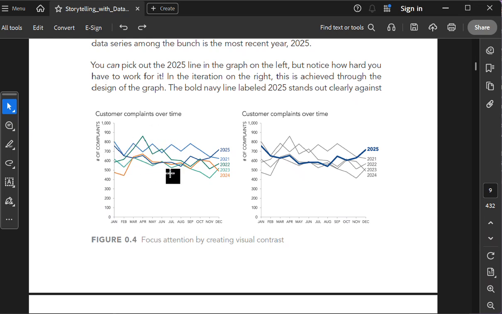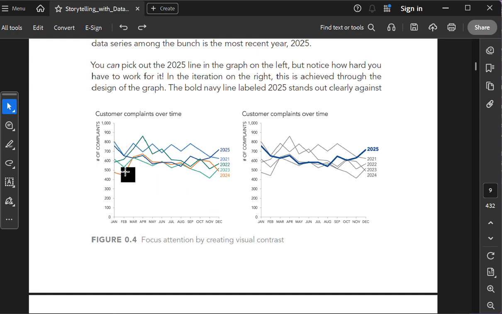Here's an example. We have two graphs that have pretty much the same information and they have the same style or method. It's been decluttered quite all right. But if we wanted to focus on the 2025 data, you can see that that is more visible on the right side compared to the left.